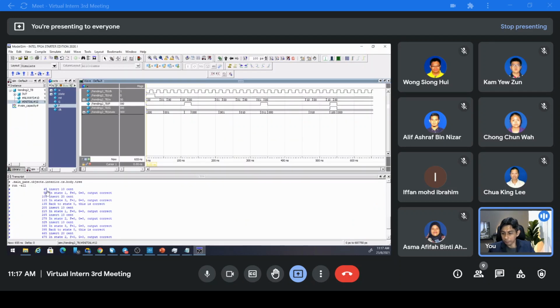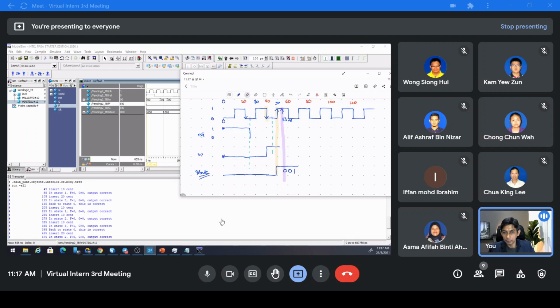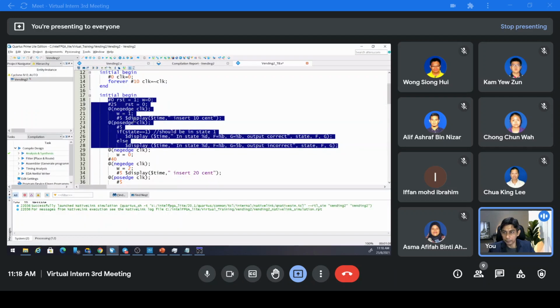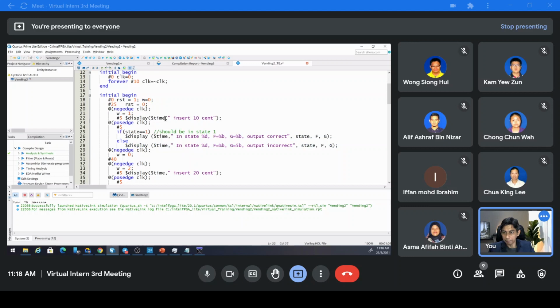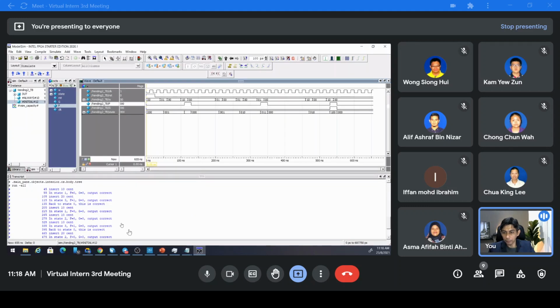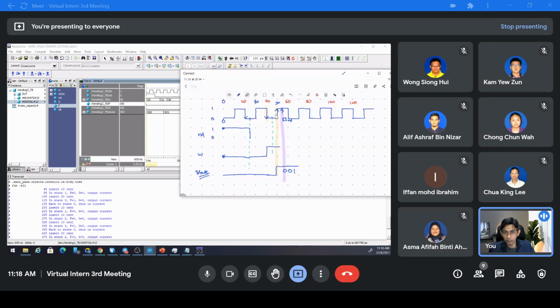At 45 nano, this is the time. How to display this time? In the testbench, you just have this, display time, and you will get the time. So 45 nano, exactly 45 here.